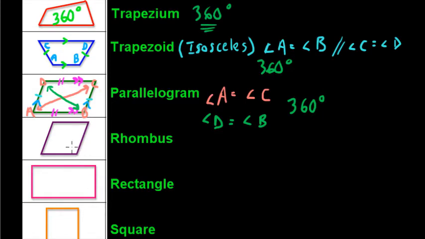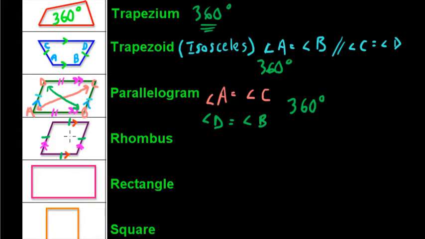Alright, the rhombus. A rhombus is just a type of parallelogram, and what defines a rhombus is that all the sides here are equal and the opposite sides are going to be parallel. So this side and this side are parallel, and this side and this side are going to be parallel.